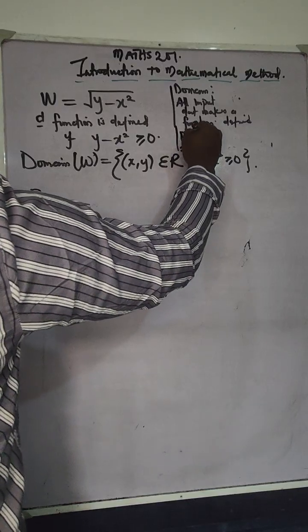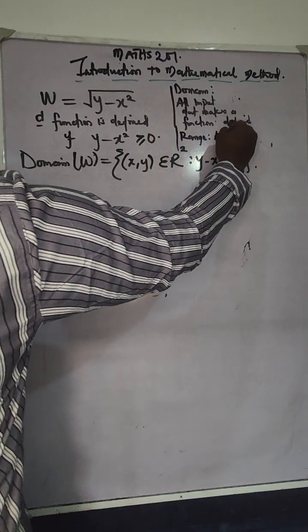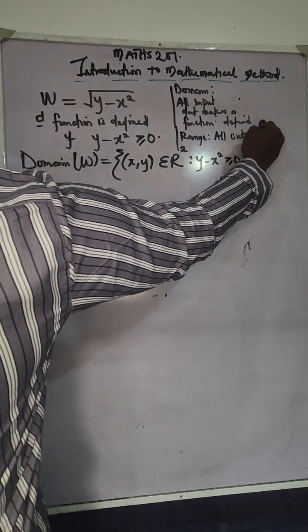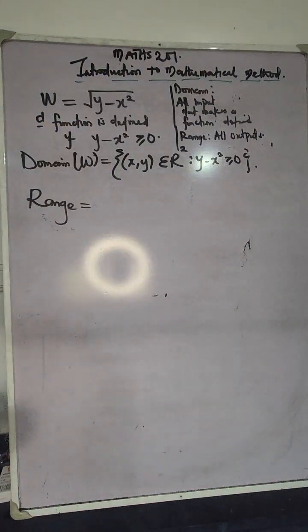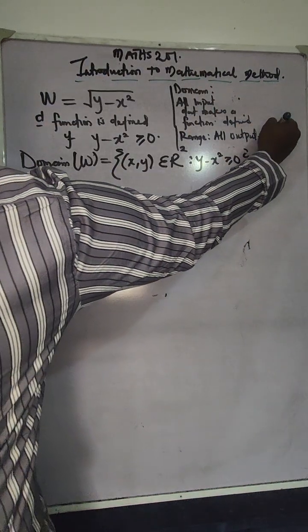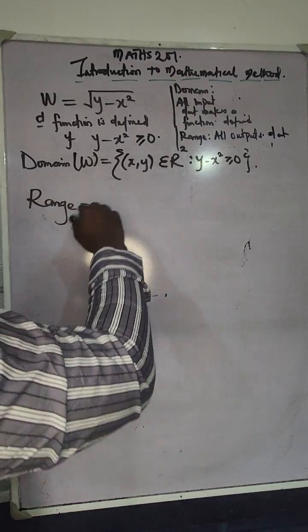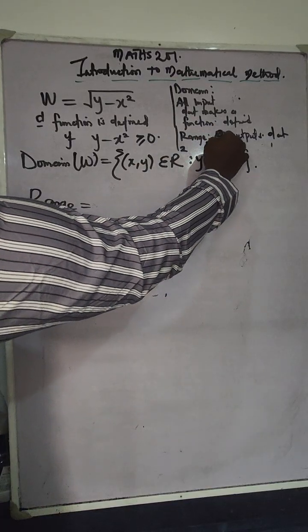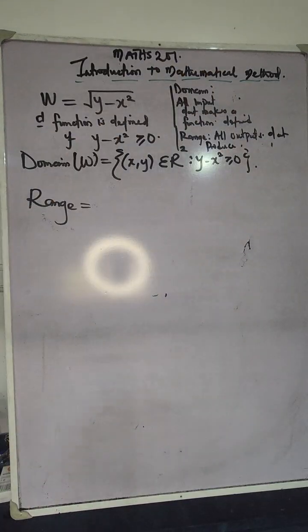Range: all outputs that a function can produce.